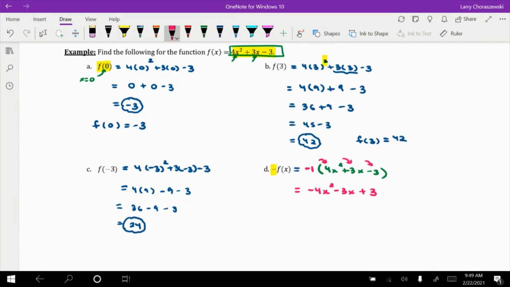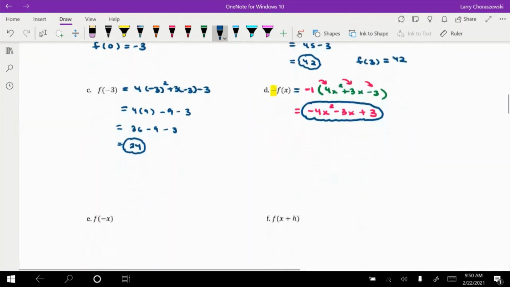And if there's nothing more that you can simplify, which I'm not seeing anything here that simplifies further, this is where we would stop. And so part D is an example of where we're modifying the function. And in this case, we're modifying the function by multiplying it by -1. And if you want to think of it this way, this would be our output from doing such an operation.